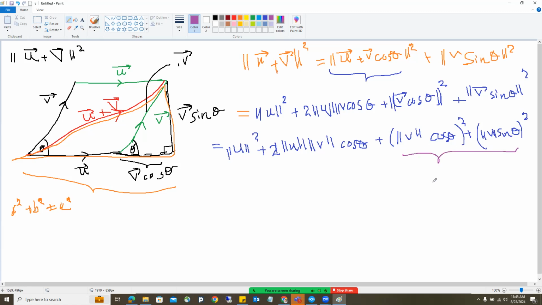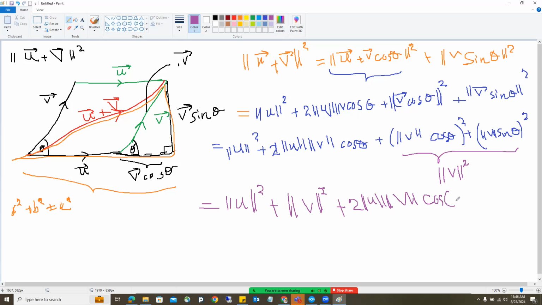Then this entire thing will be narrowed down to the magnitude of v squared. Is it clear? Now the final statement will be u squared plus v squared plus 2uv cos theta.